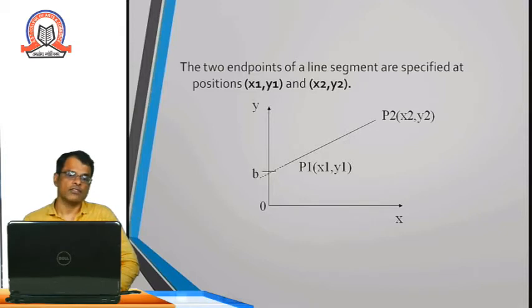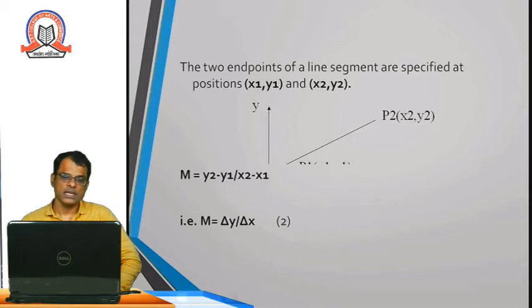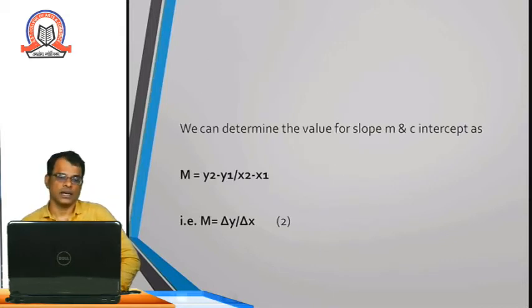So the x difference is x2 minus x1 and the y difference is y2 minus y1. We can call these differences delta x and delta y. To find the slope, we divide the difference in y by the difference in x. This is the slope of that line, denoted by m.